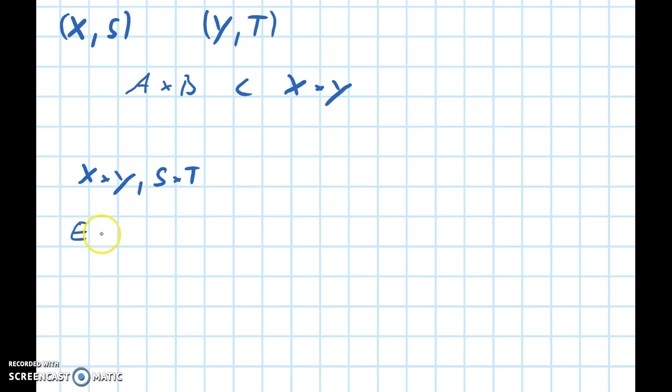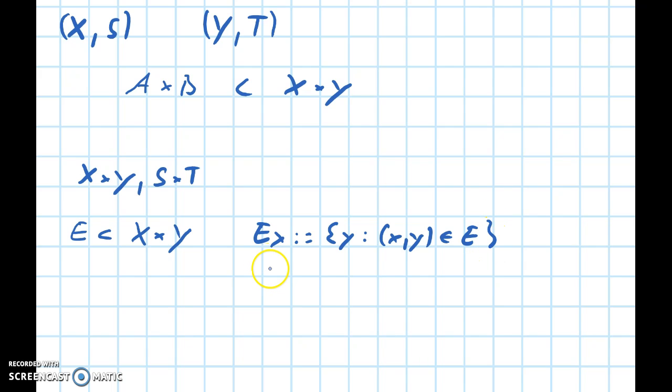So suppose you have a subset E of the Cartesian product X cross Y. Then the X section is defined to be the following: the Y such that XY is an element of E. And of course, the Y section is defined in a similar way.